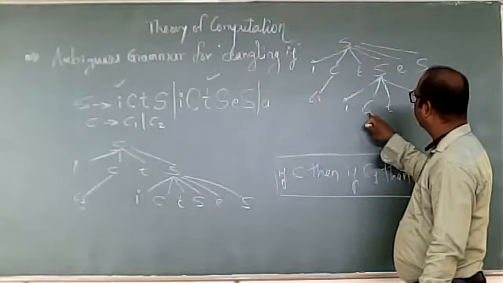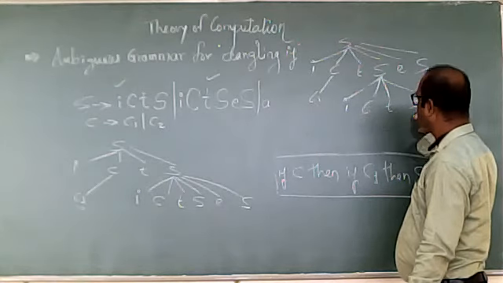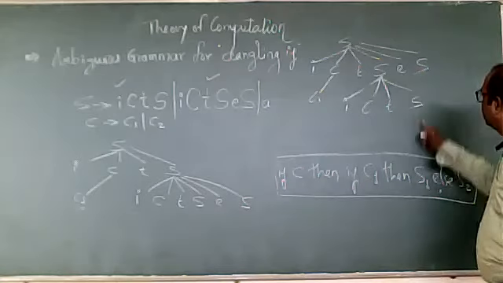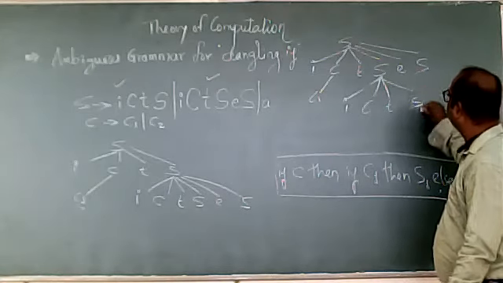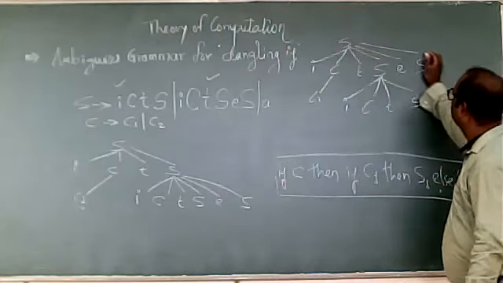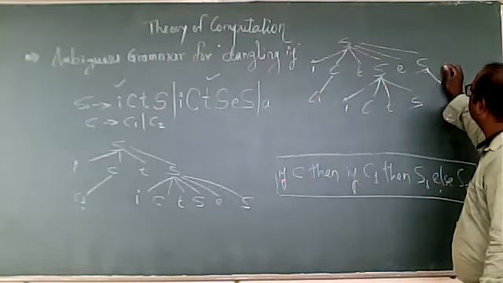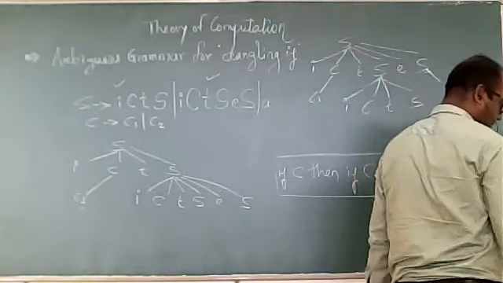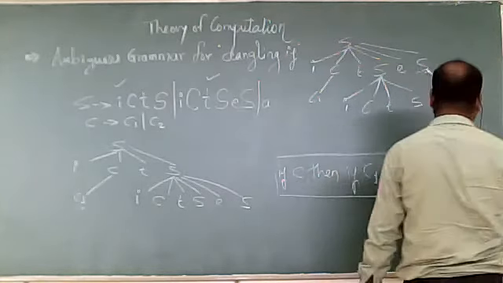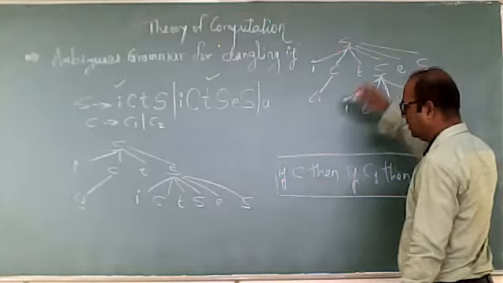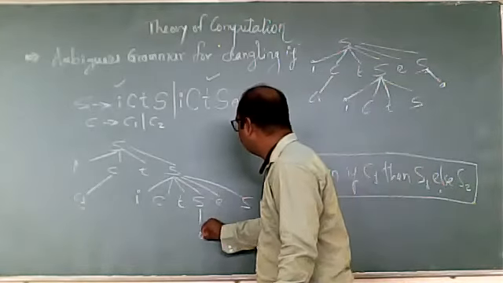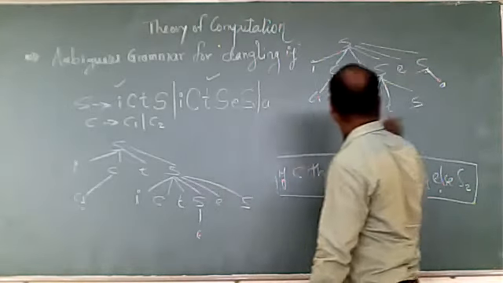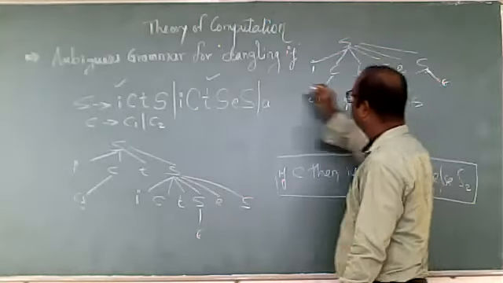So if condition, then statement, else statement. This S I will replace with some terminal. Here I will also replace this with some terminal or epsilon, so we'll say epsilon or some terminal.